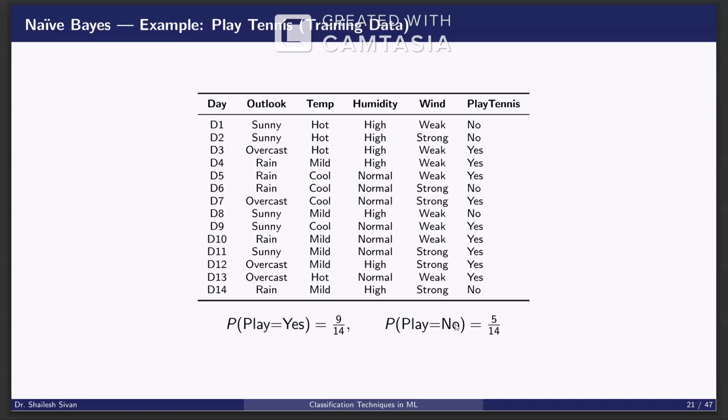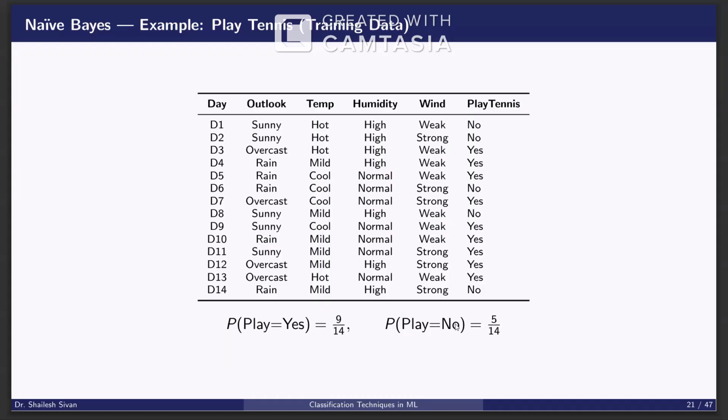Now, for outlook, we have to calculate probability of sunny given no, overcast given no, rain given no. Similarly, sunny given yes, overcast given yes, and rain given yes.